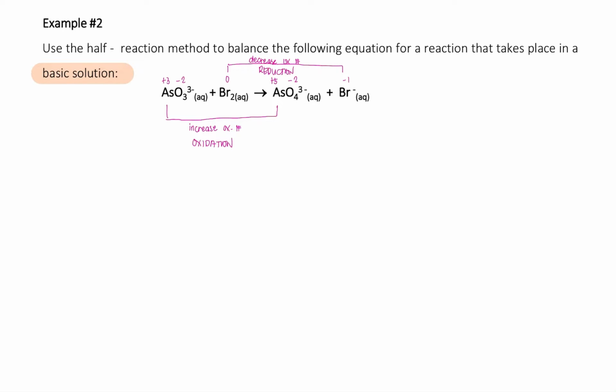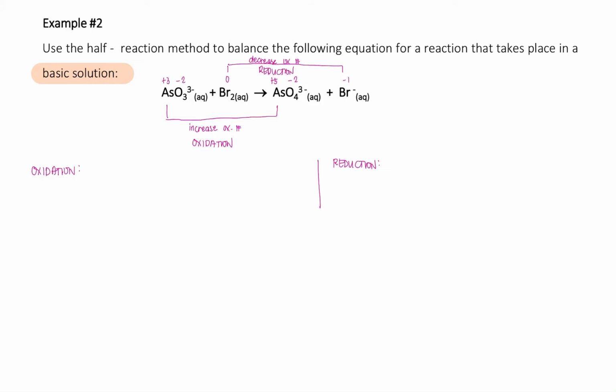So the next step, after assigning the oxidation numbers, is to separate the equation into two half reactions according to the change in the oxidation number. So we write here the oxidation on the left side. You don't really have to put oxidation on the left or reduction on the right. It's really up to you where you want to put it, as long as you just write the correct half reaction.